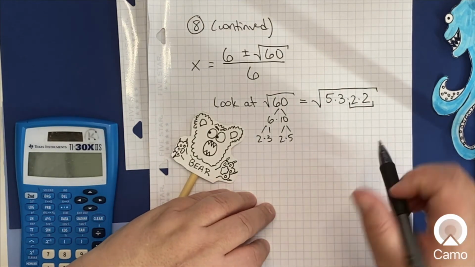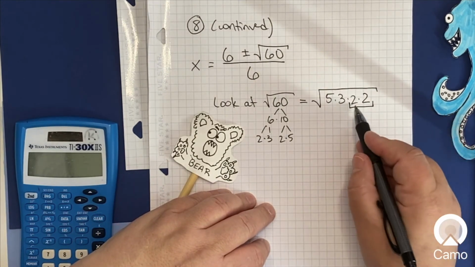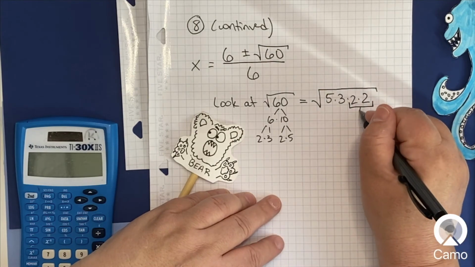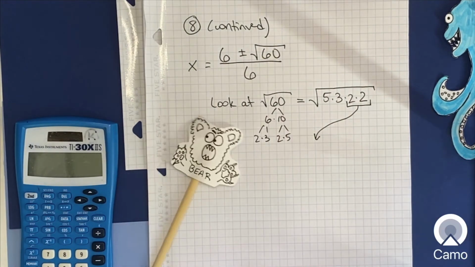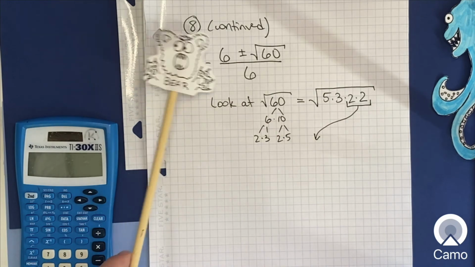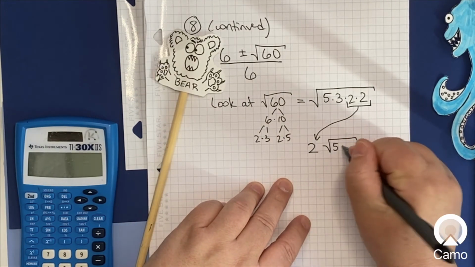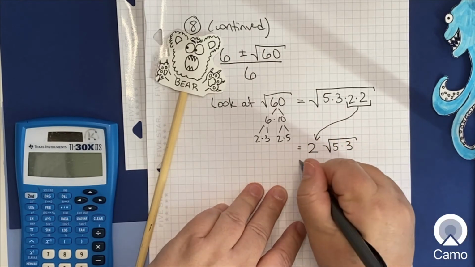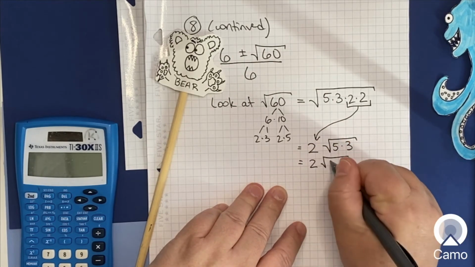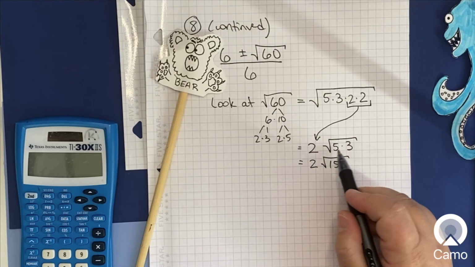Okay, so this is number 8, I think. 8, continued. If it's not 8, I'll change the number. Okay, so I've got 6 plus or minus radical 60 over 6.